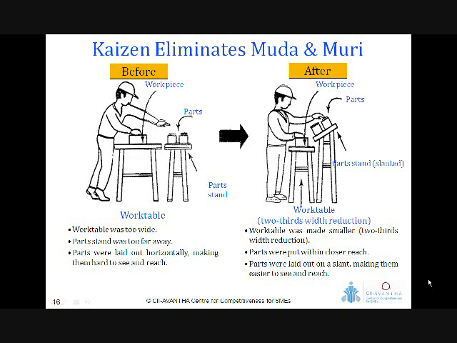Part trolley stand has been inclined and length has been increased. So parts were within reach, it's easy to see, and thus Muri is eliminated, Muda of motion is eliminated. So these are the small Kaizens related to Muda, elimination of Muda of manpower.